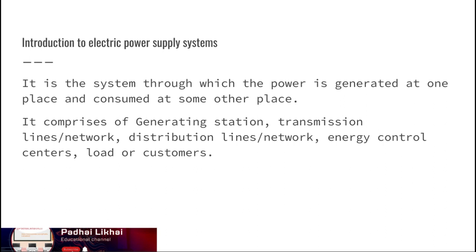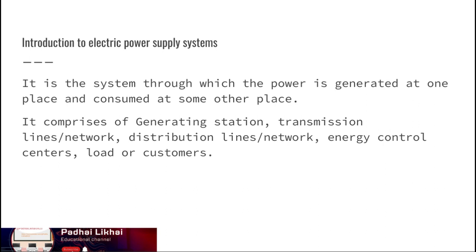Okay, so an electric power system is a simple system which is basically helping to generate the power, to transmit the power, to distribute the power, and to consume the power, right?